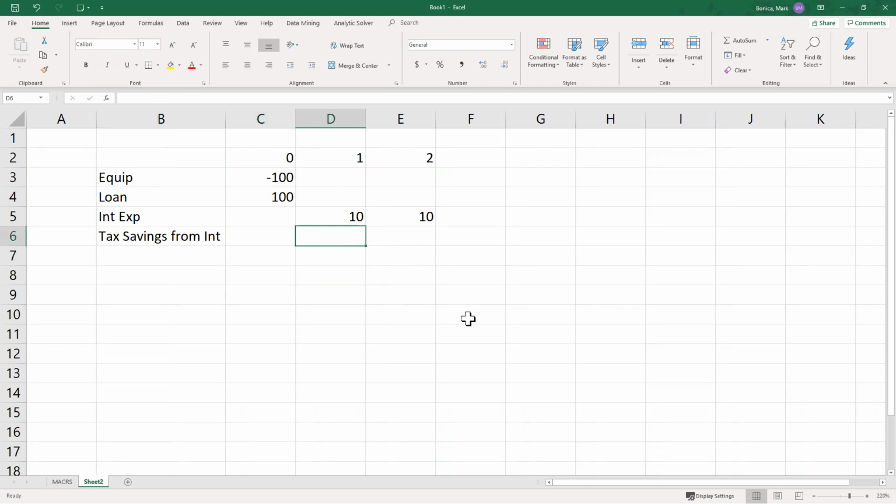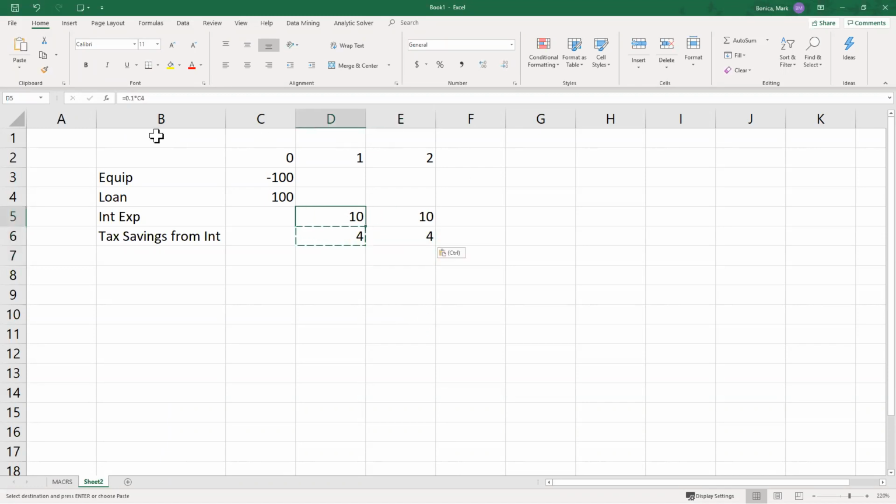Right? And so this firm, I think we said, was going to have a 40% income tax. Oh, I've got to make the interest expenses negative. All right.